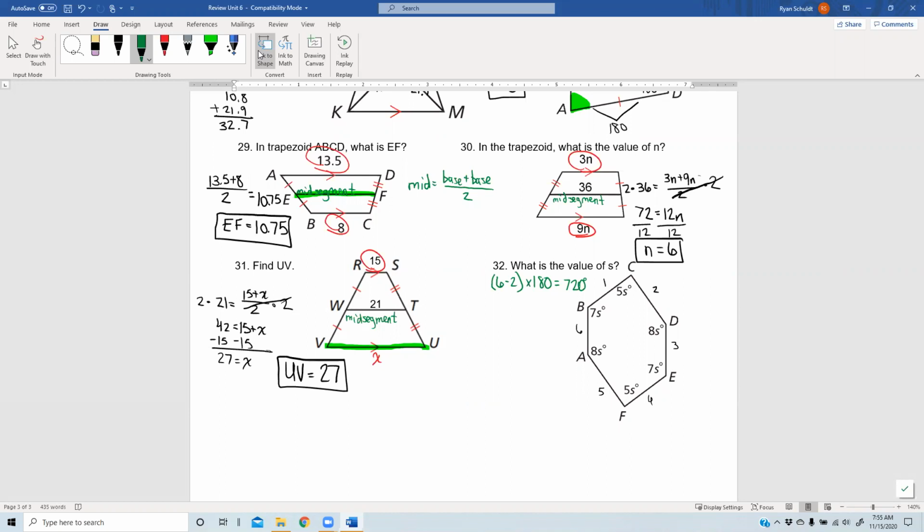So how can I figure out what S is? Add them all up and set it equal to 720. So 8S plus 7S plus 5S plus 8S plus 7S plus 5S. If I add all these up, what do I get?